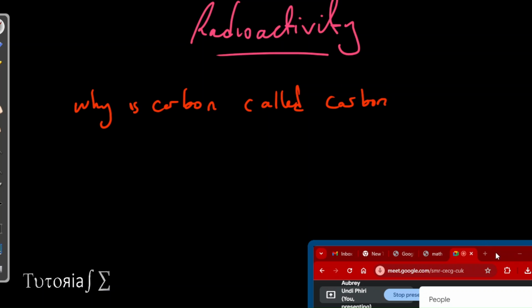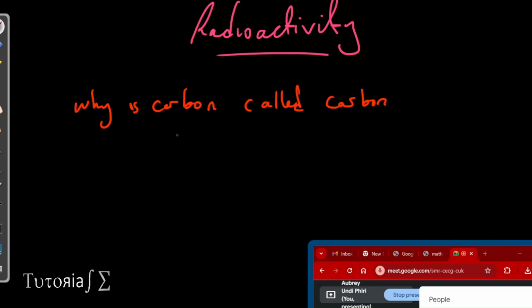Is it because of the properties or characteristics that it has? Yeah, exactly. One of the main reasons we call an element a particular name has to do with the number of protons it has.